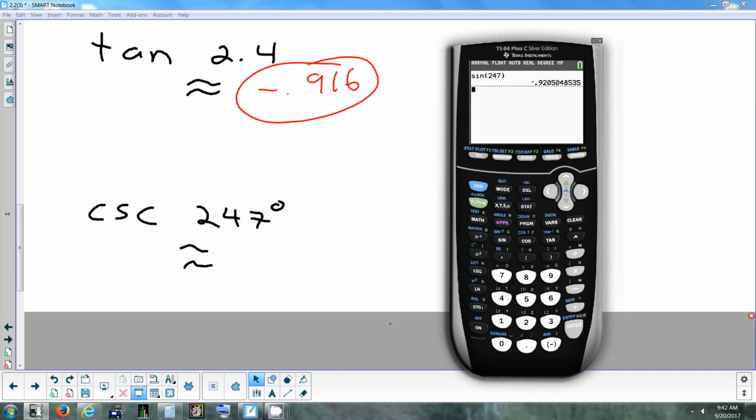Flip it. Take that number and flip it. So you can either type in 1 divided by on your calculator, or I have a button that raises things to the negative 1 power, so it flips it for me automatically. So you find the sine of 247 and then flip it, however you can flip it on your calculator. It's a negative 1.086.